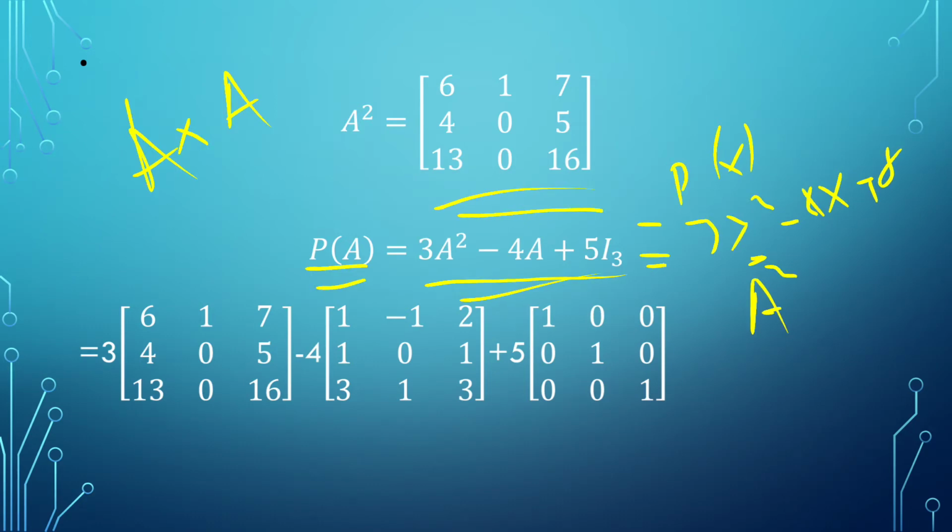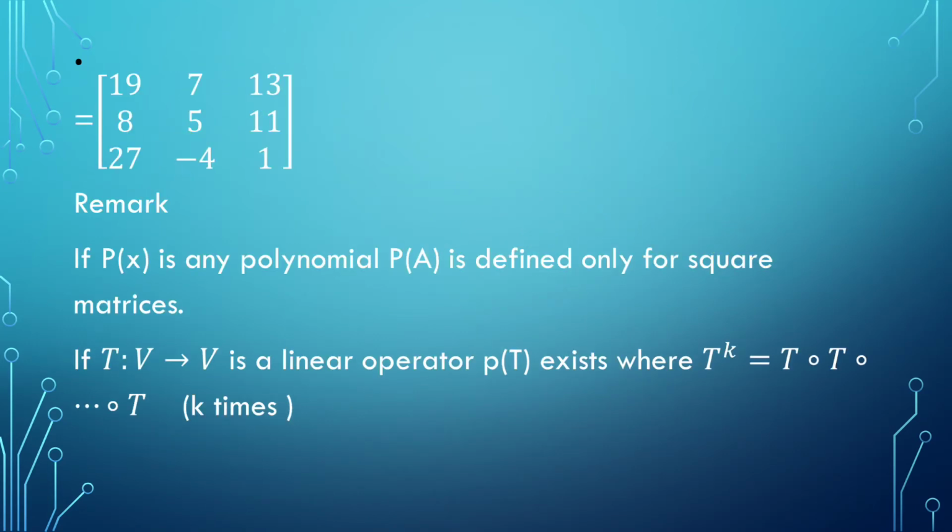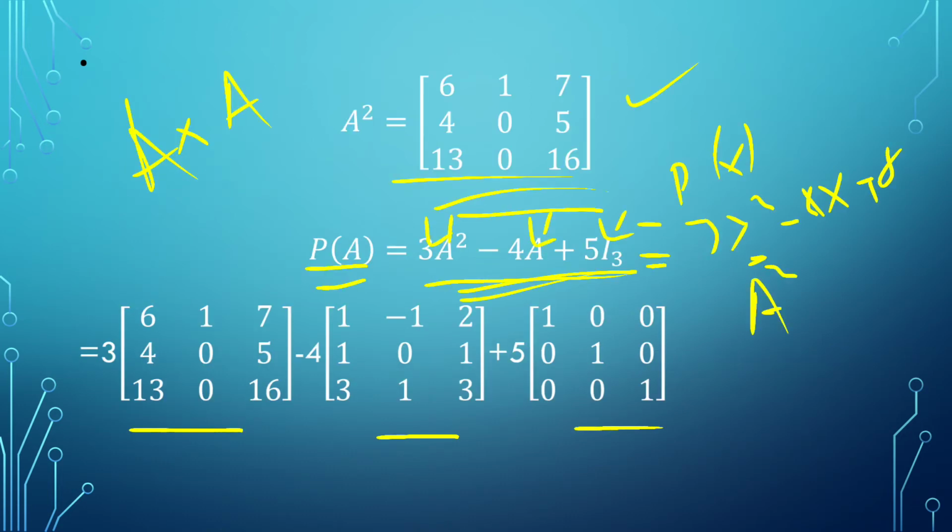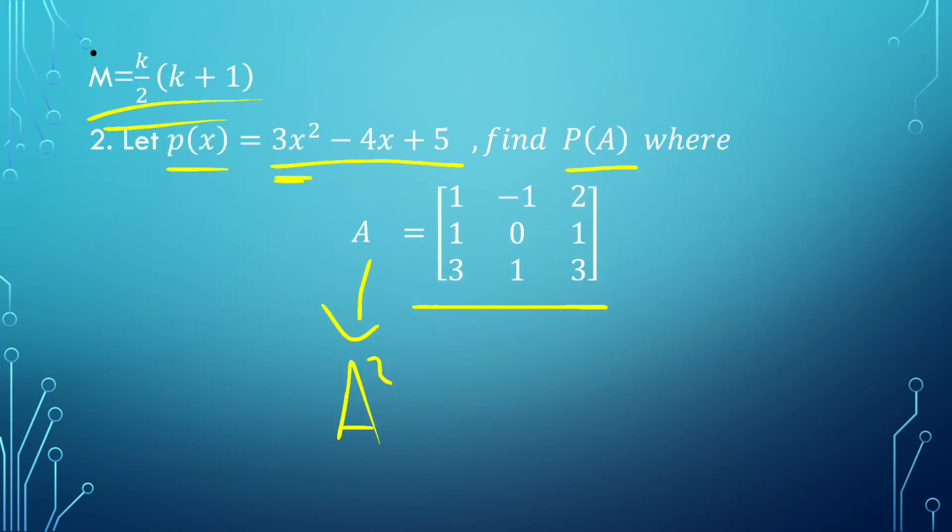From this polynomial, we know the value of A squared, we know the matrix A, and we know the identity matrix. So we just substitute respectively, and then we open the brackets. We are able to get the solution here. This is actually what the question intends us to do.